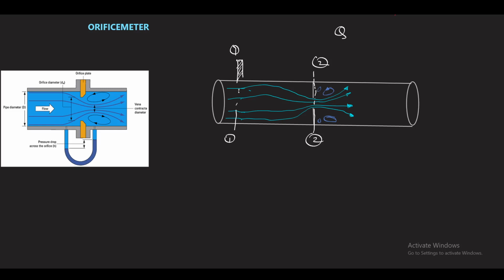So the same equation I can write: Q actual is equal to the coefficient of discharge into A1 A2 square root of twice GH divided by root of A1 square minus A2 square. But here, as you can clearly see in the diagram, there is no diverging part. So due to that, there is a considerable energy loss.